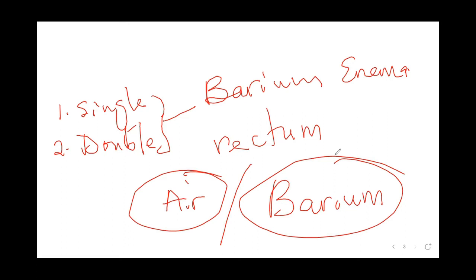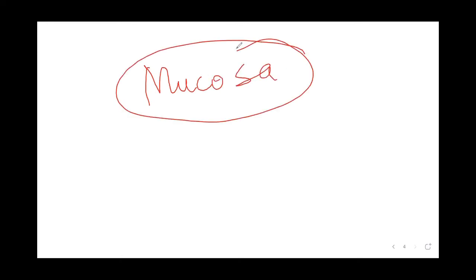Because if you instill only barium, it will give you a proper anatomy of the lumen of the large bowel. Now, if you do a double contrast barium enema, instilling air, it's going to give you a better outline of the mucosa of the large bowel.